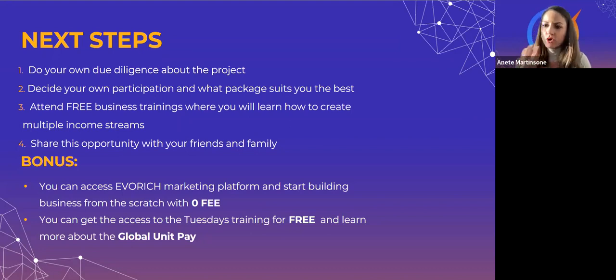When they see there is no referral link, they get confidence in you, they start trusting you more, then they start asking more questions about Global Unit Pay, how they can use it, what the benefits are, etc. And then at some point you bring up the extra value, that there is also the FNT part.